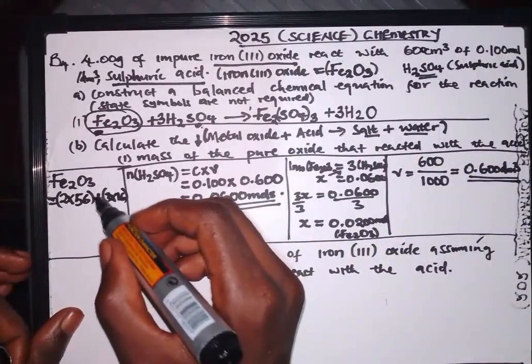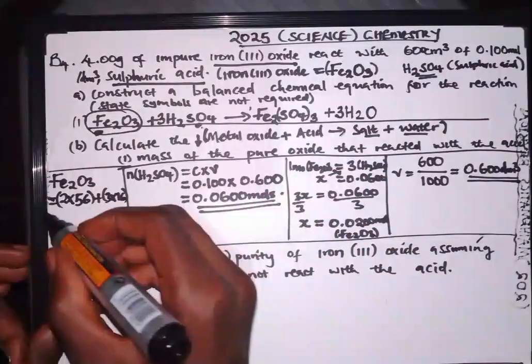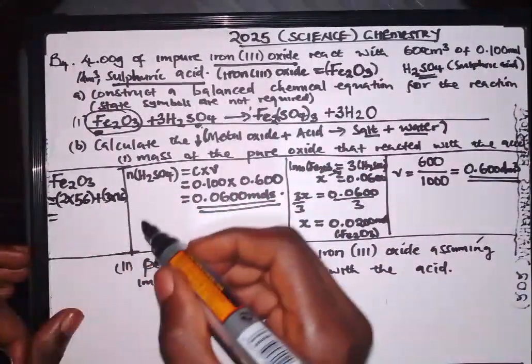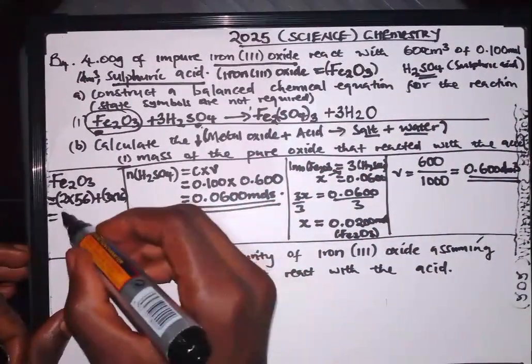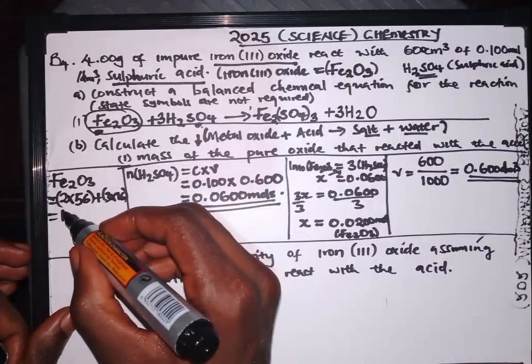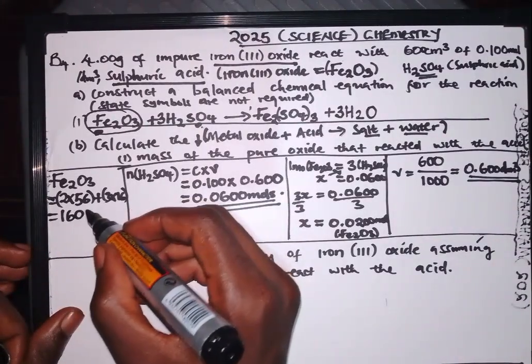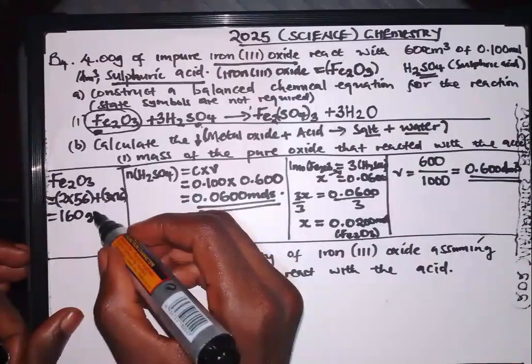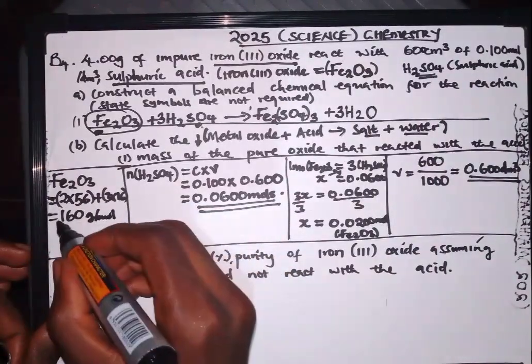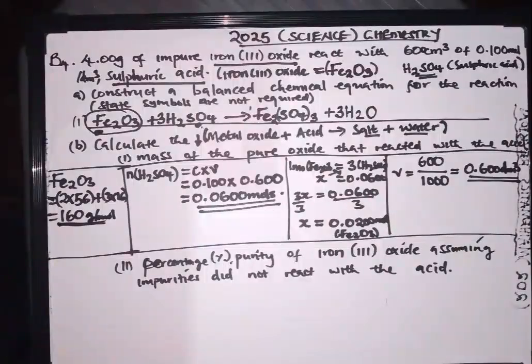So 16, this is the molar mass for oxygen. Then if you multiply and you add, you get 160 grams per mole. So this is basically our molar mass.